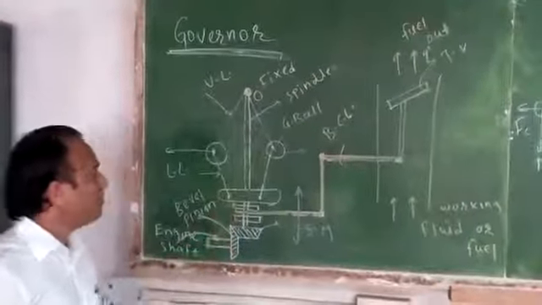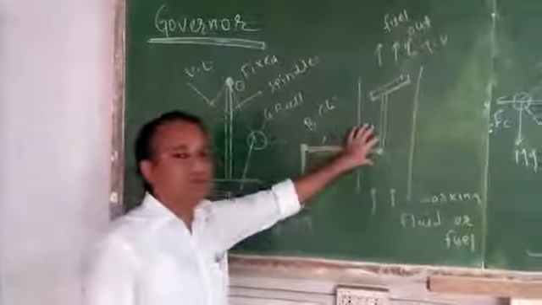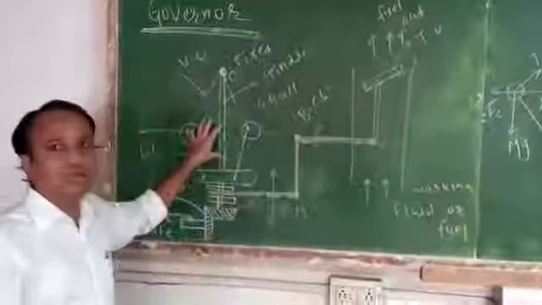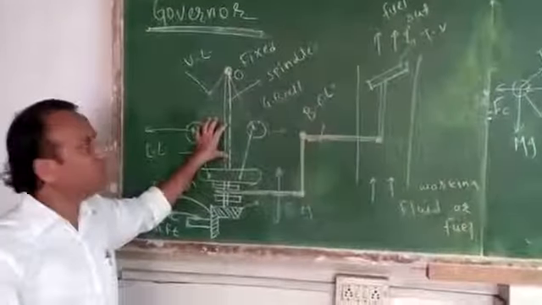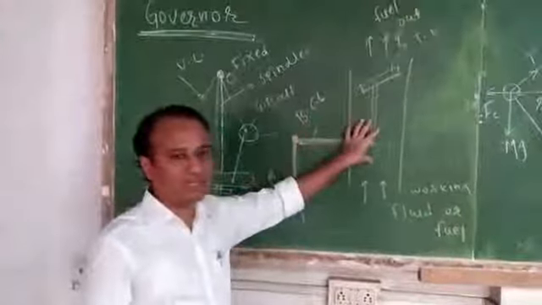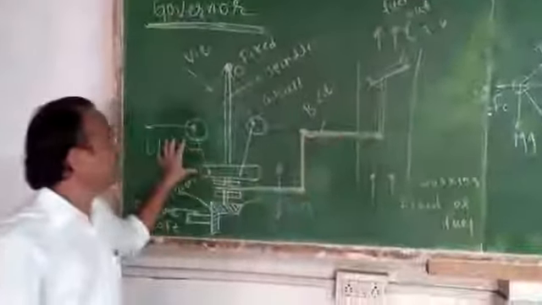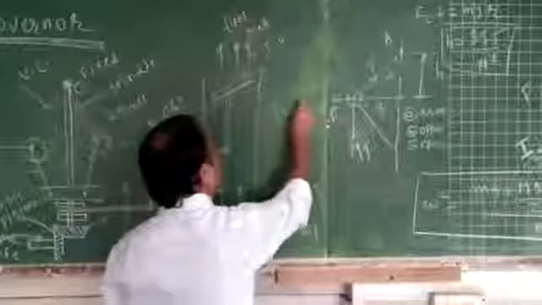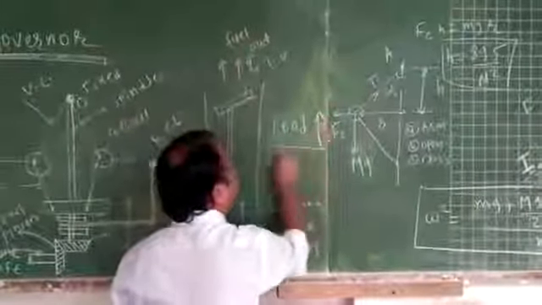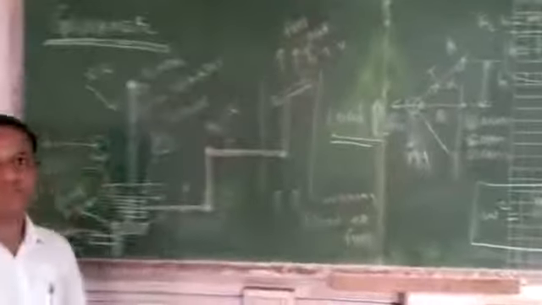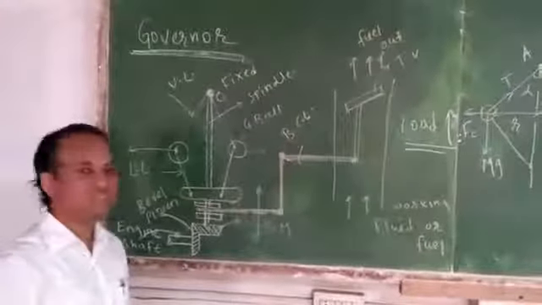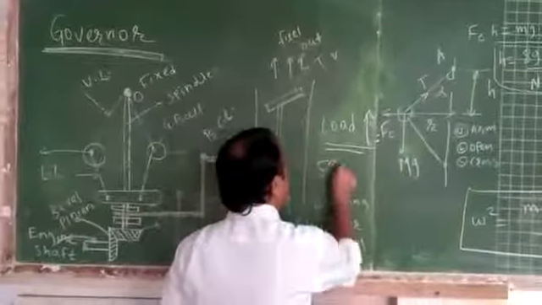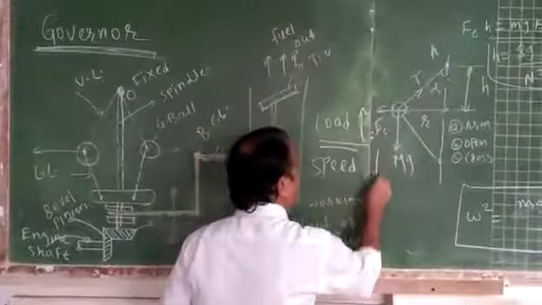Now, governor will maintain the constant speed by regulating the fuel supply. That is, if load on engine is more, suppose load on engine is increasing, then speed of engine shaft is less.